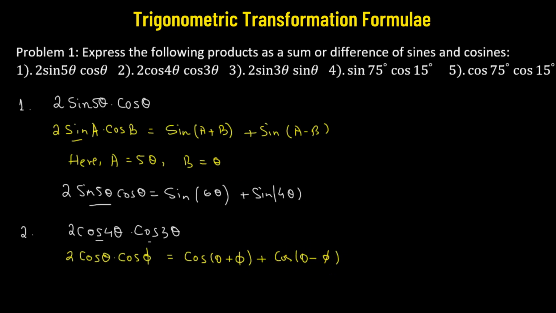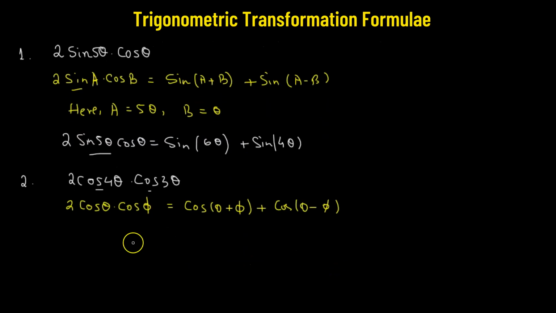Fine. So let's substitute these values here. 2 times cosine 4 theta times cosine 3 theta will become equal to cosine of the sum first, 4 theta plus 3 theta, which is 7 theta, plus cosine of 4 theta minus 3 theta, so that's simply theta. Now we have 2 times cosine 4 theta times cosine 3 theta expressed in terms of the sum of 2 cosines, cosine of 7 theta plus cosine of theta.